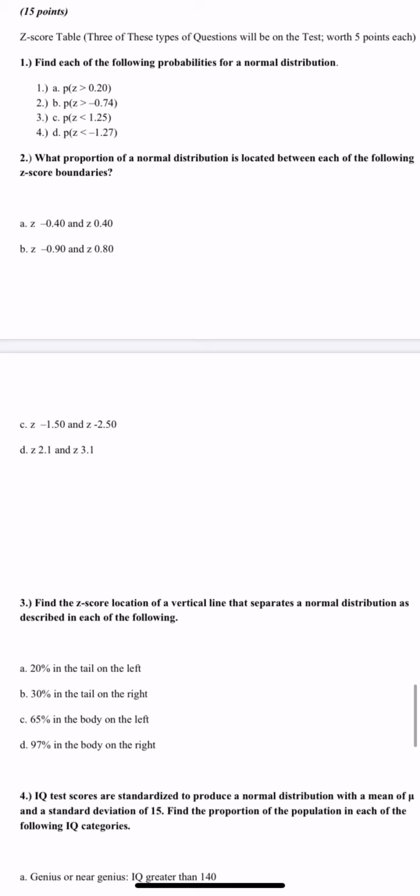So with that said, you're going to take 0.4938 minus 0.4332. 0.4938 corresponds to negative 2.5, and 0.4332 corresponds to negative 1.5. When you do the subtraction, you get 0.0606.